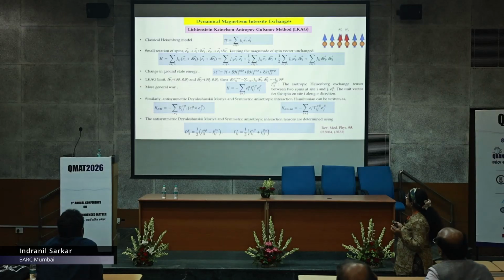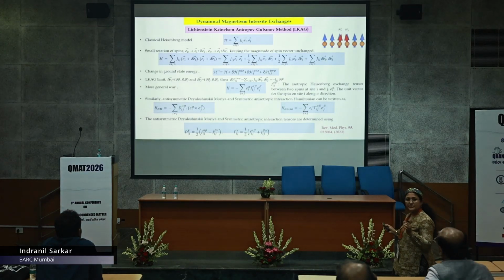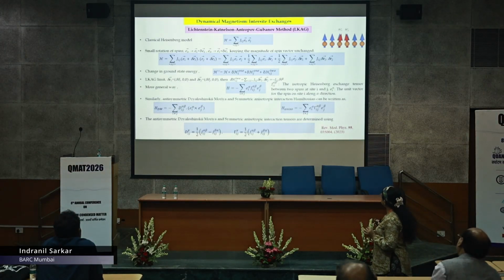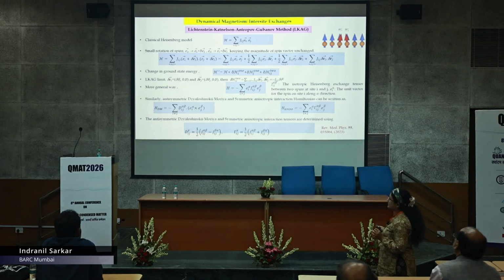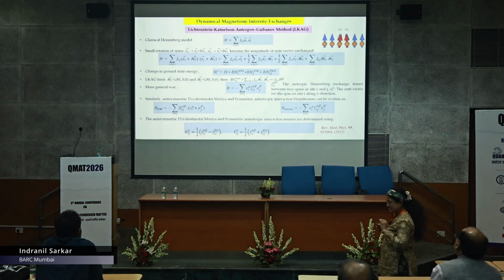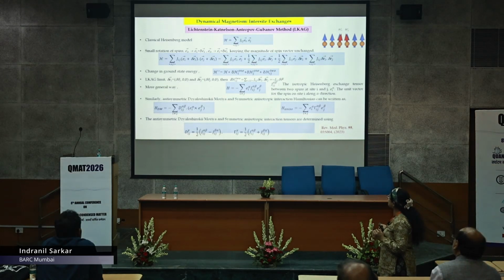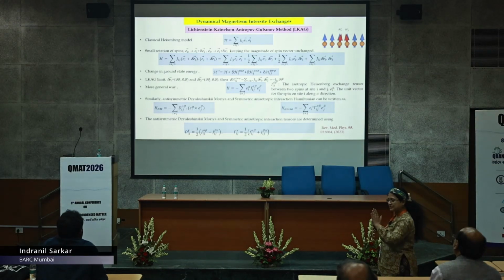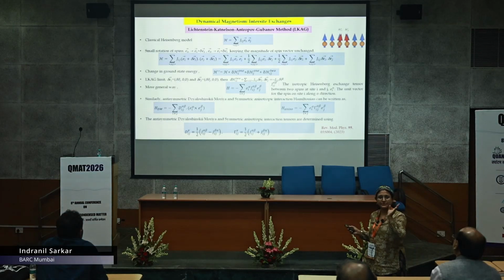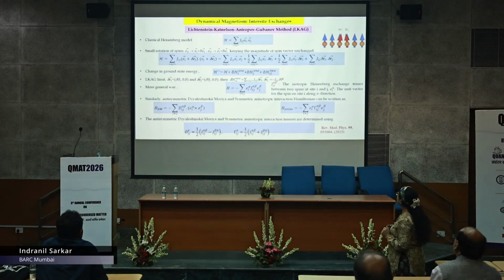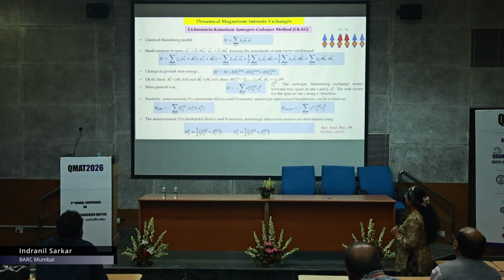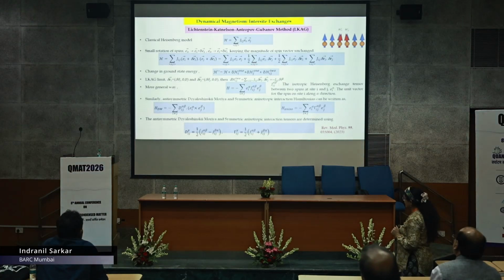And then we calculate the dynamical magnetism, by which we calculate these inter-site exchanges. LKAG is a general formulation which we use, where you write a classical Heisenberg model, and then you tilt your spin a little bit around your equilibrium value, and in the LKAG limit you can write down that Hamiltonian in terms of this J_ij with alpha beta parameters.